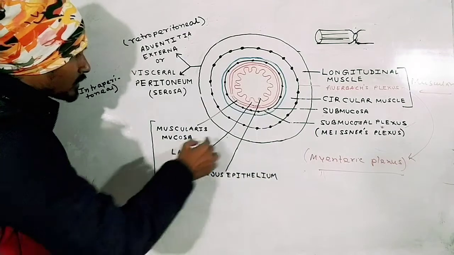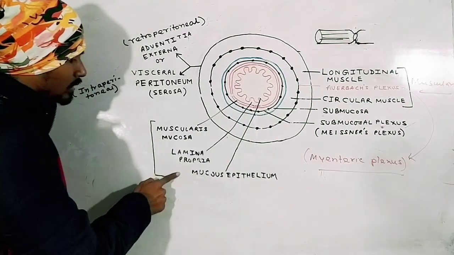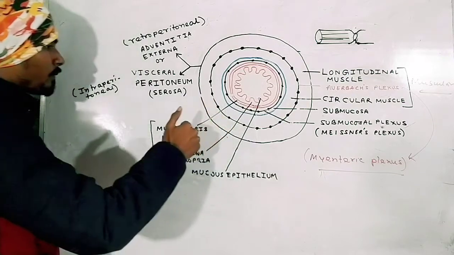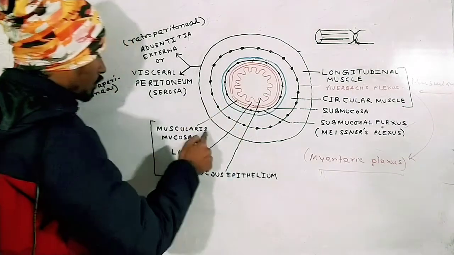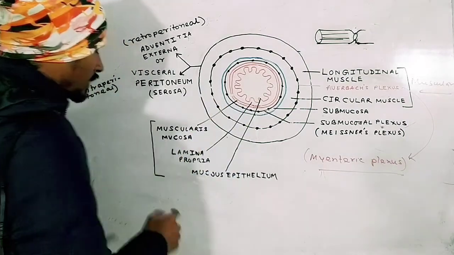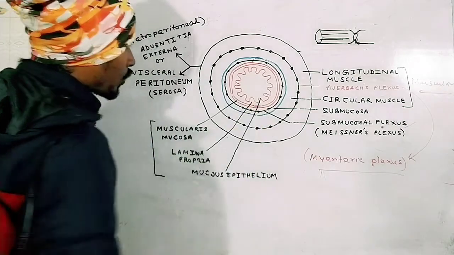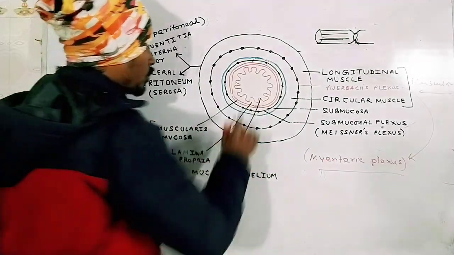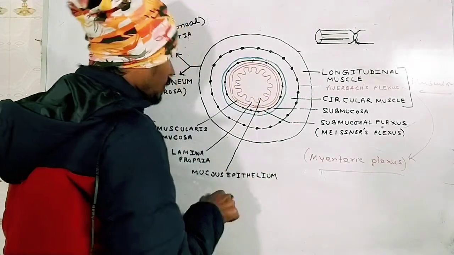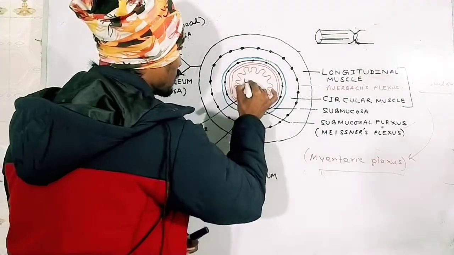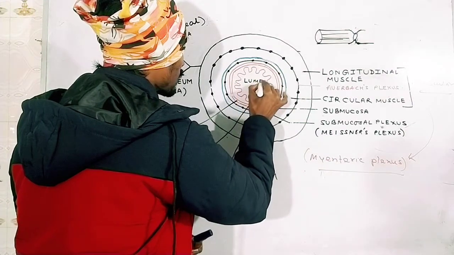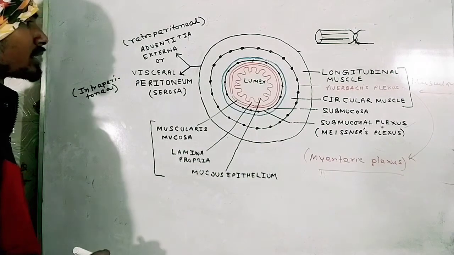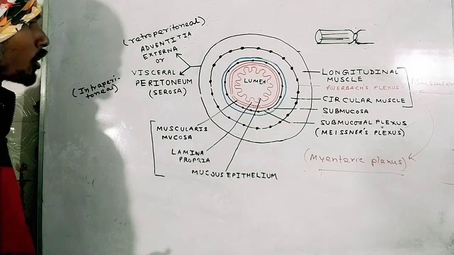Then we have the lamina propria, which is present just after the muscularis mucosae. Okay. And then comes the mucous epithelium, which lines the lumen. So this is the lumen of the gastrointestinal tract of the human gut.